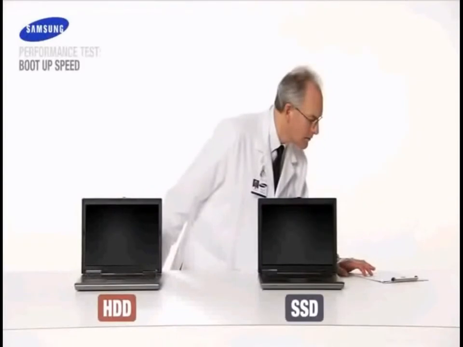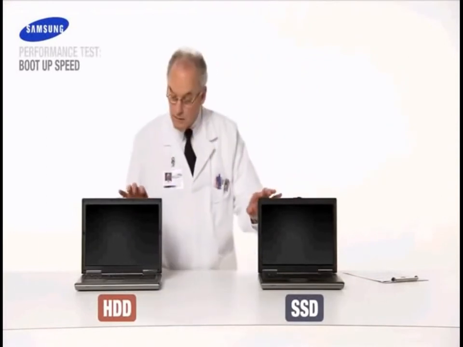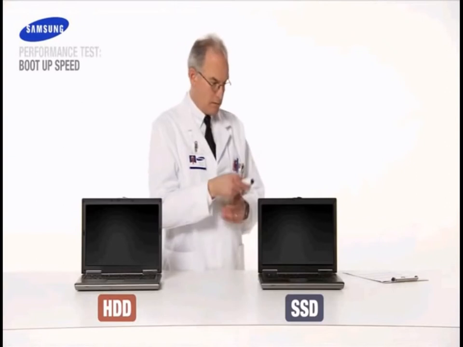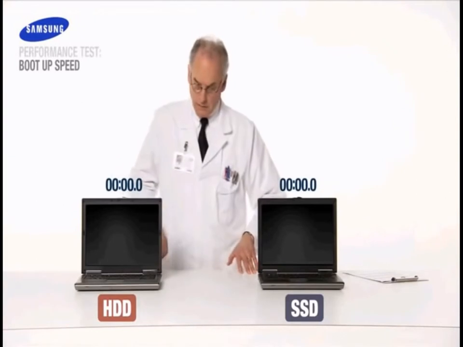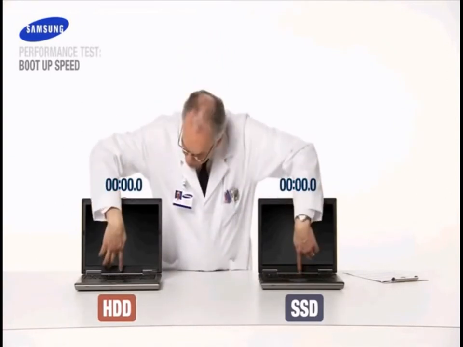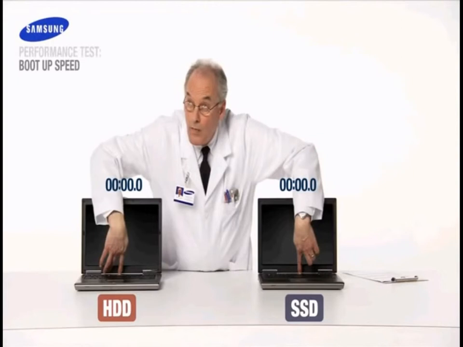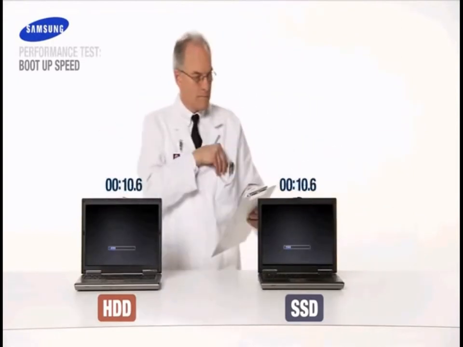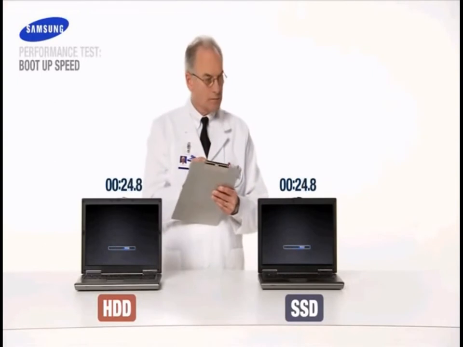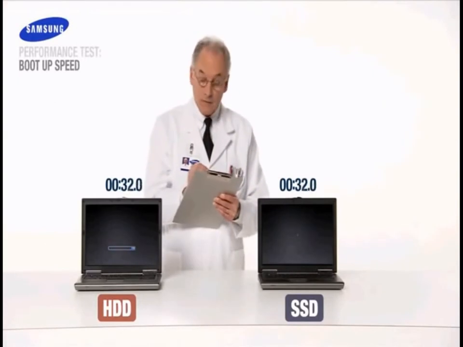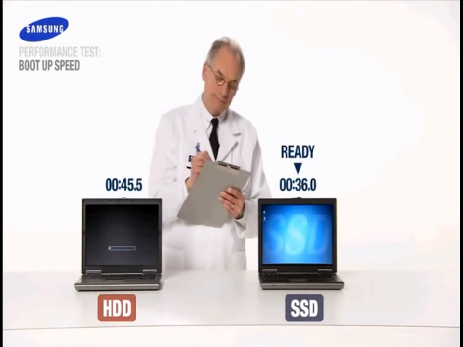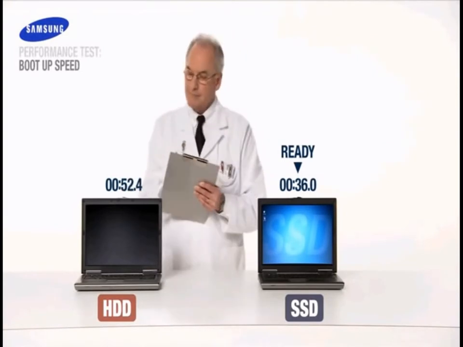Most of us deal every day with slow notebook boot ups. Let's see if Samsung SSD can save us time and boot up faster than the HDD. And boot up now. Only 36 seconds for Samsung SSD, and we're up and running. Now we'll wait for our HDD to finish.